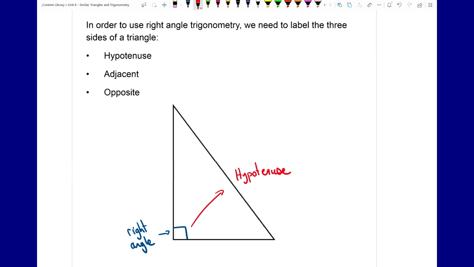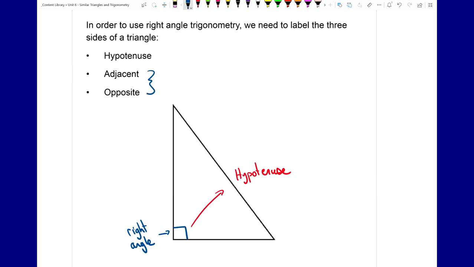It is also the longest side of the triangle, but like I said before, depending on how the triangle is rotated or how it looks, it might not be as clear which side is the longest. So that's why always going across from the 90-degree angle should be clear to see. We also need to have a reference angle to find our other two sides.